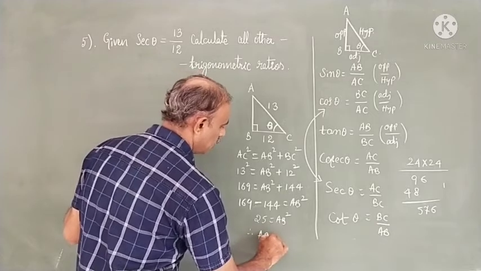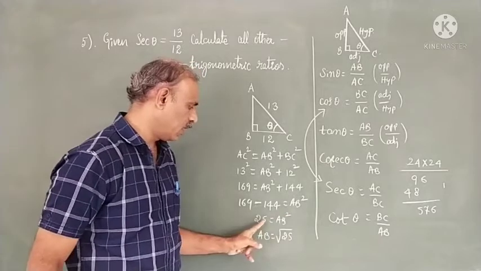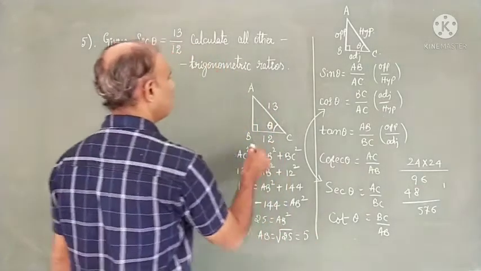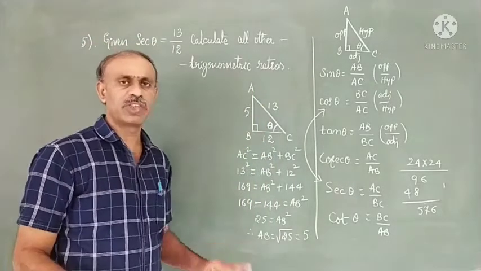So AB is equal to root 25. I remove the square, this side always gets square root. So square root of 25 is 5. So 5, the right side. So all the 3 sides measures you are having now.